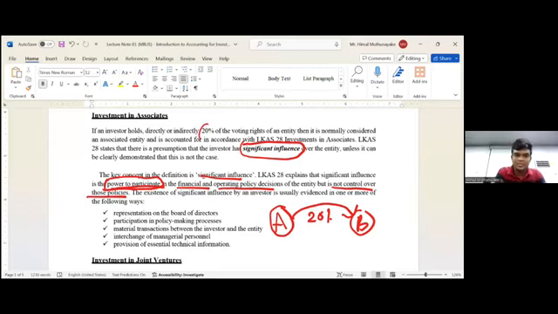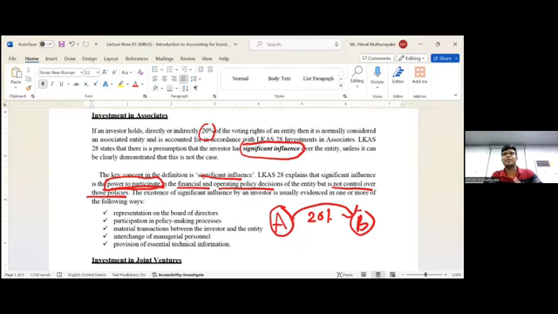So this 20% is only a deciding factor, but the major thing you need to look at is whether that company has significant influence over the other company. For example, let's say you only have 10%, but you have some material transactions with the investor, so you can exert some significant influence.